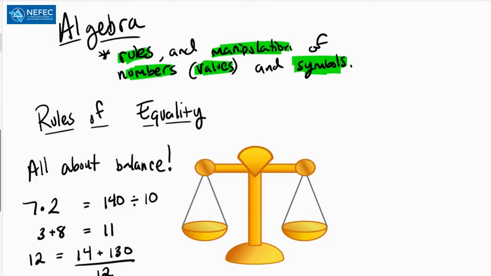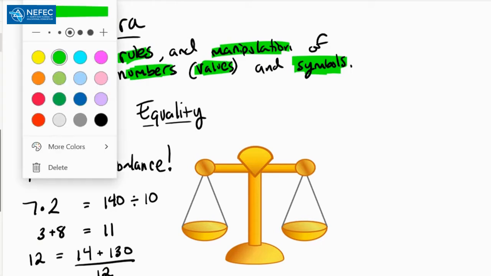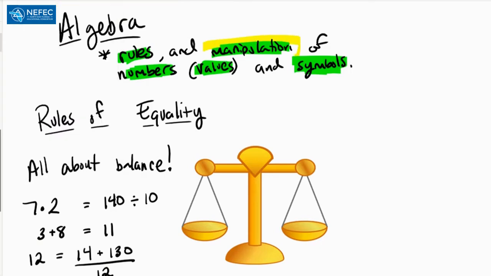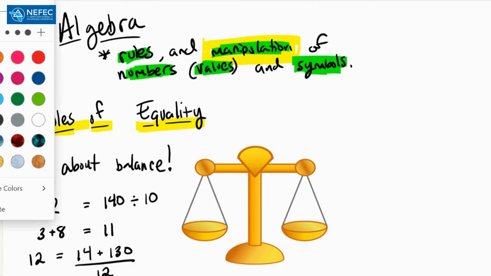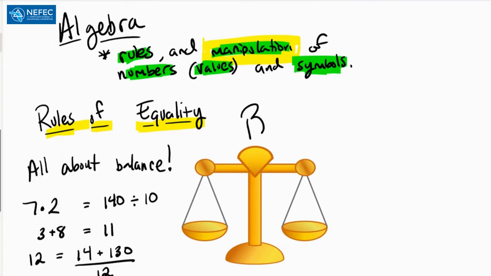One of the core foundations of algebra, especially when it concerns the manipulation of those numbers and symbols, is understanding rules of equality. The best way, in my mind at least, to understand those rules is balance.